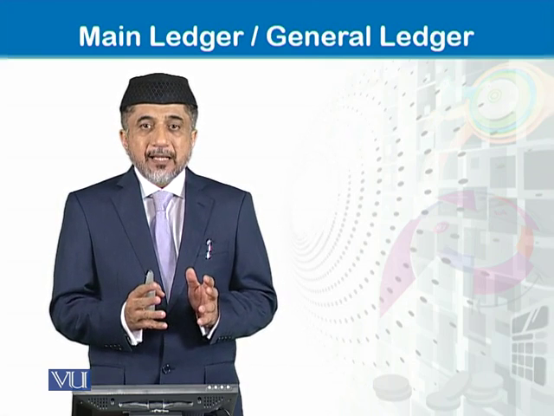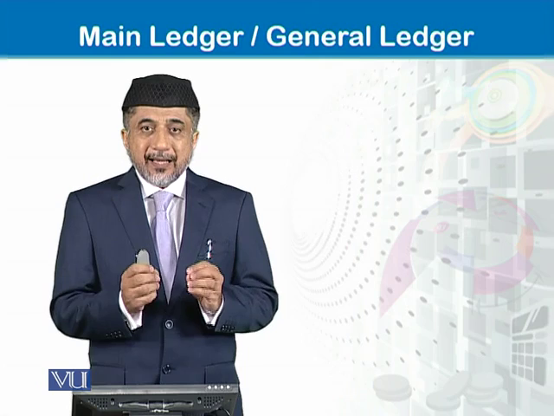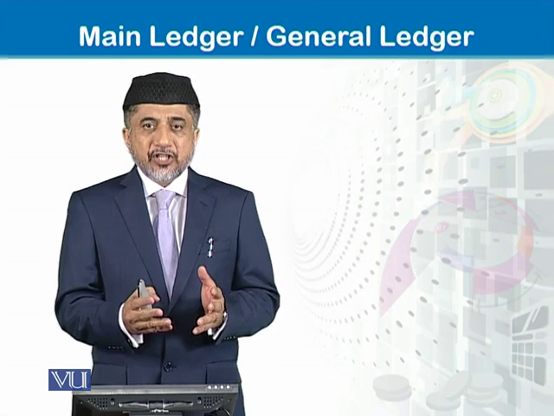We do not bother to summarize any related or similar information about one accounting head. So journal gives us a chronological picture of our financial information, transactions, events, and conditions.